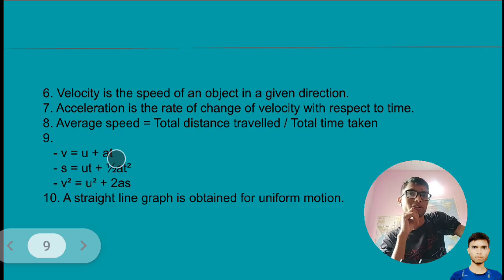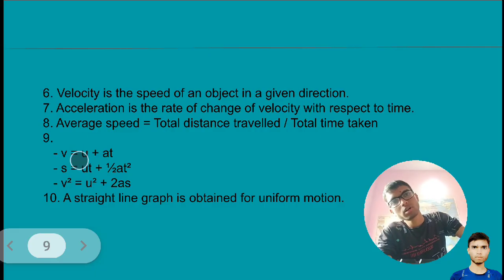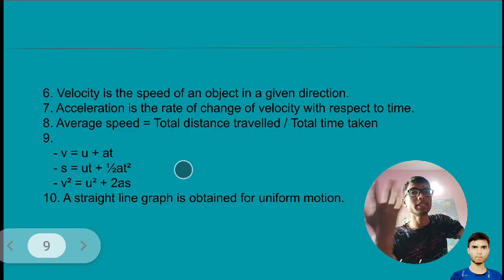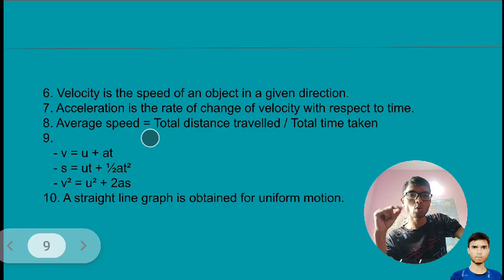We have three equations of motion. For calculating final velocity, we have v equals u plus at. For calculating displacement, we have s equals ut plus 1 upon 2 at square.